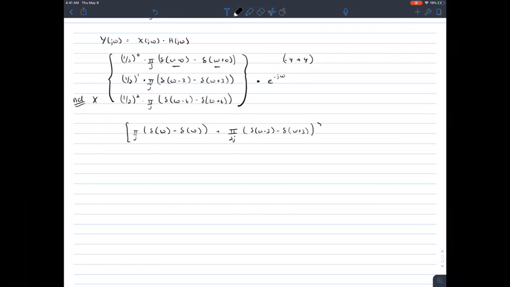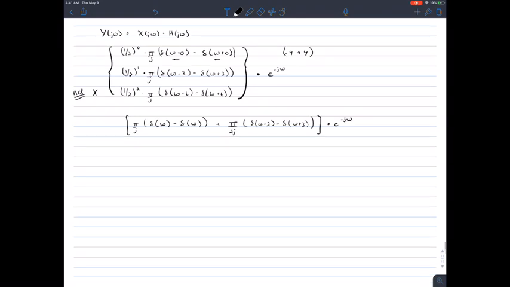Okay, and since these are the only ones defined, these are the only ones you have to multiply by e to the negative j omega.